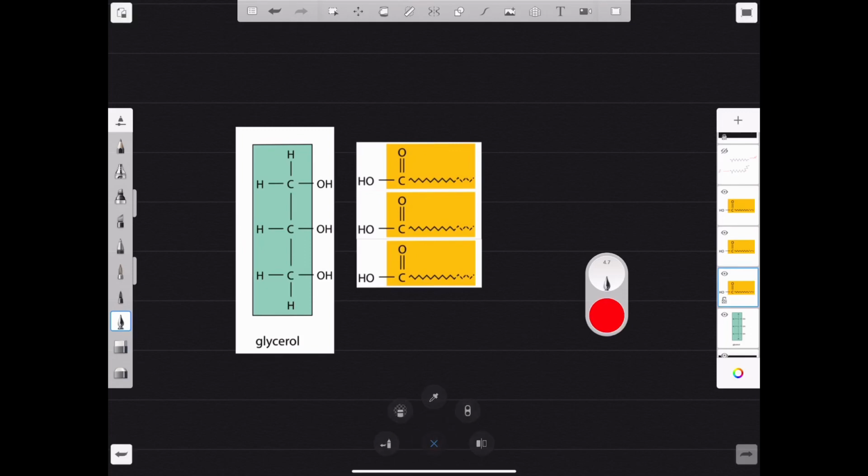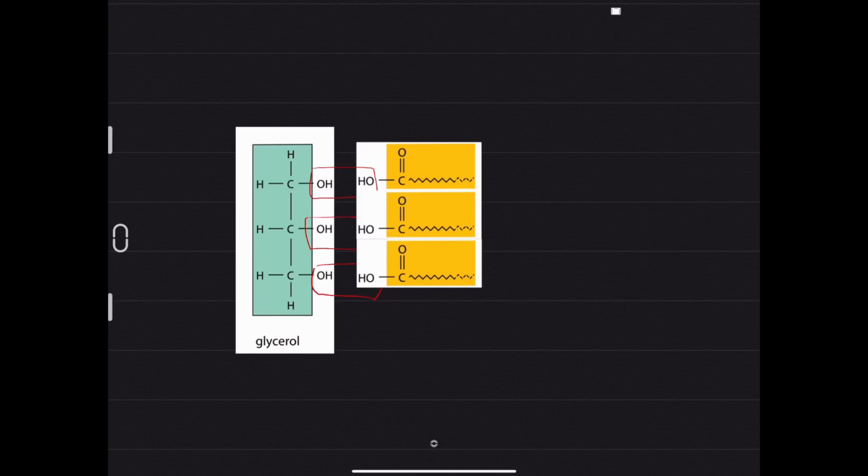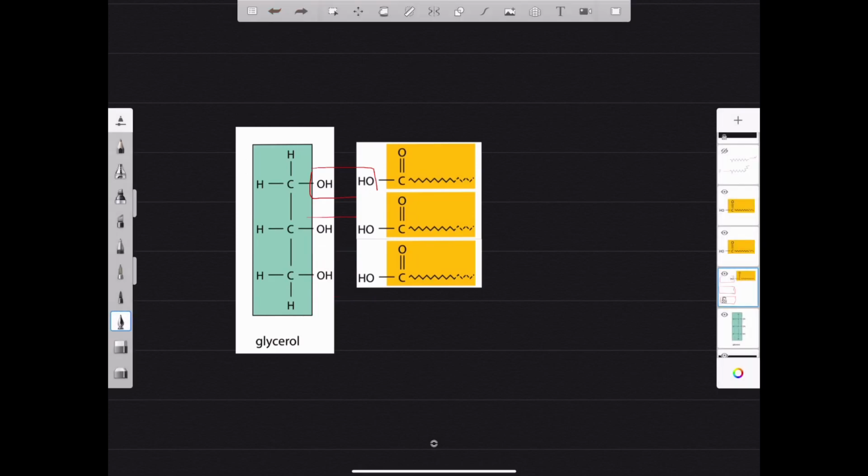Look at the molecule, look at the atoms that they're lining up with to form the bond. So I'm highlighting it so you can see it here. Okay, it's not catching it perfectly, but it's the OHs. So it's lining up with the OHs on each one.